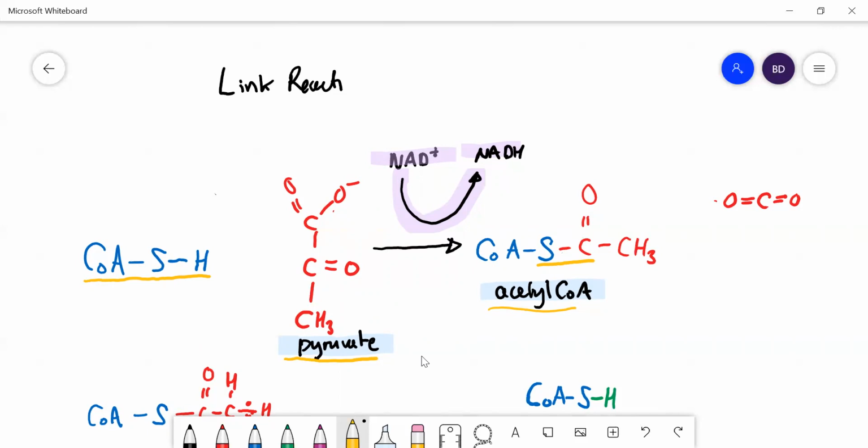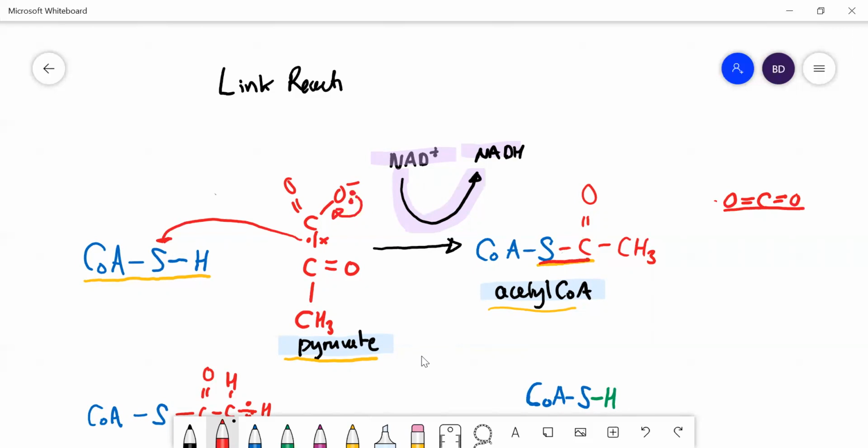Right, let's see why we lose the carbon dioxide here. If you have a think about this, we're going to lose carbon dioxide from this carboxylic acid group up here. That pair of electrons is going to go onto there, and that is going to make CO2. So that means you have got 2 electrons there, and what they do is they form a bond to that sulfur, and that's how we form acetyl-CoA.